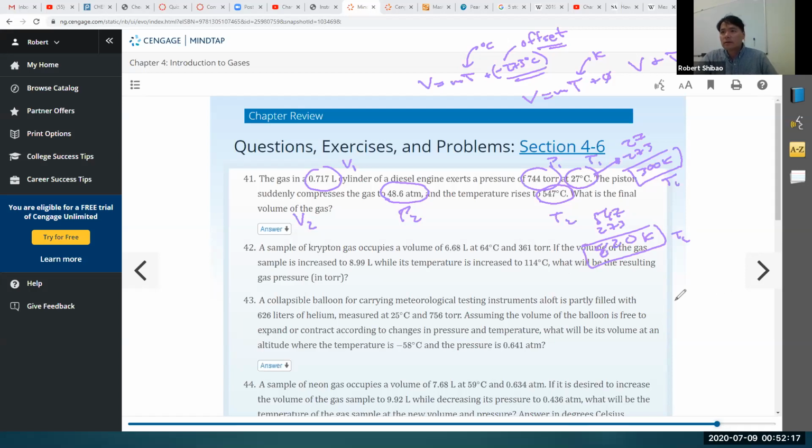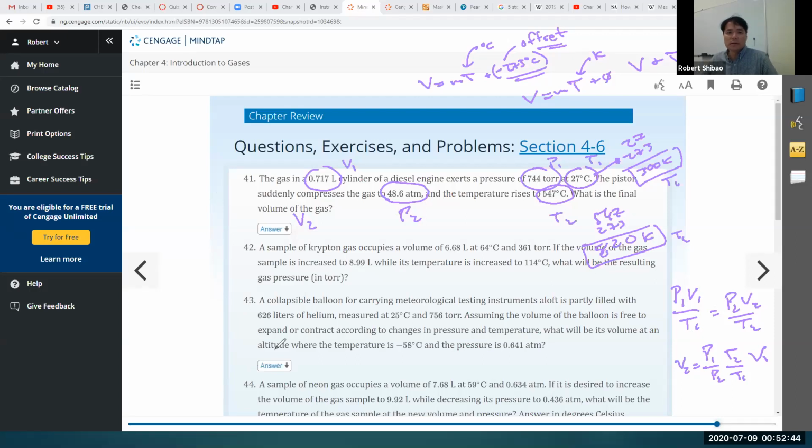And so that's our T2. And so we just saw it's P1 V1 over T1 is equal to P2 V2 over T2. And we're solving for V2. So V2 is equal to P1 over P2, and then T2 over T1 times V1. And then just plug in the numbers and see.